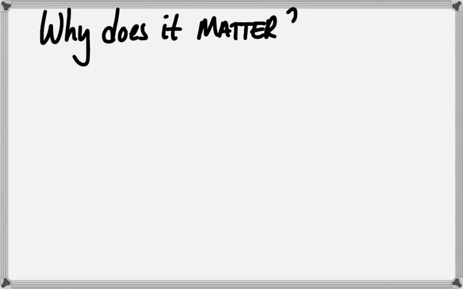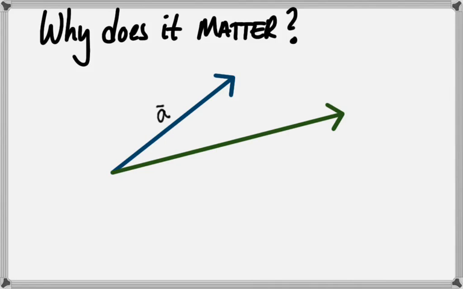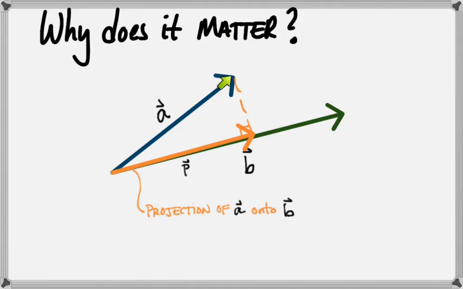Why does this matter? So again, this was the idea of our projection, and so we have two vectors, and you can imagine that maybe A is a rope, and you're pulling something up an inclined plane, and you want to know the force that's actually up the plane. And so that value, that orange value, is going to be our projection. So you can also think about if you shine a light down this way, how much of the shadow this would cast on that vector.